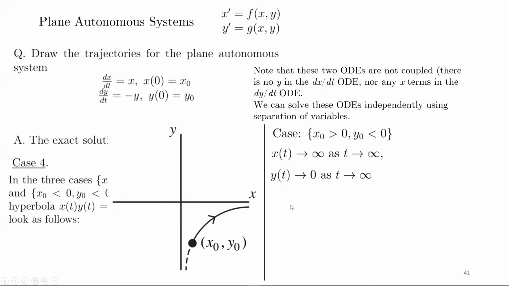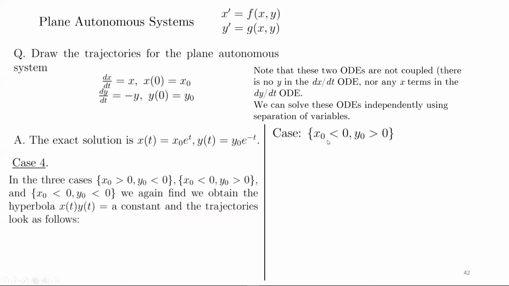Similarly, if we look at x less than 0, y greater than 0, so the second quadrant, the upper left up here, again x naught is negative, so as t goes to infinity, x is going to go to negative infinity. And similarly for y, as t goes to infinity, y is still going to go to 0.